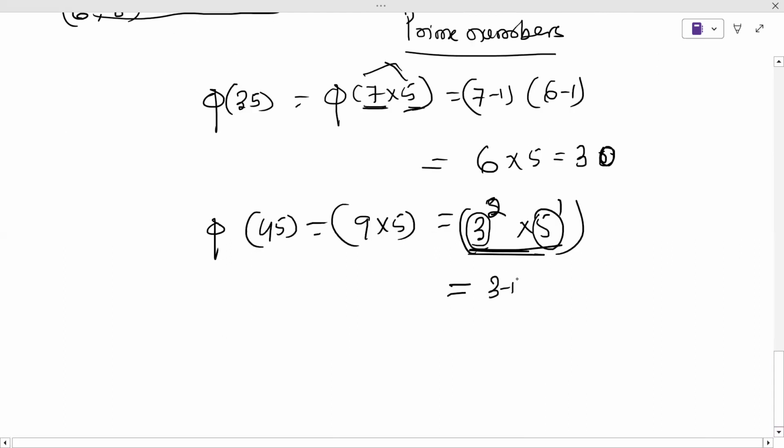Then this is (3 minus 1) into (5 minus 1), which is equal to 2 into 4, that is 8. Different ways we have to compute.